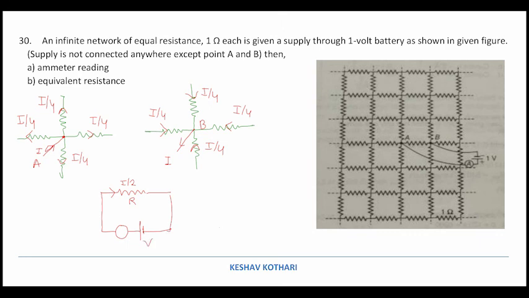For the rest of the current, I am drawing an equivalent resistance whose value is to be determined. It is very simple. Since I by 2 current is flowing in the arm AB, I by 2 must be flowing in the RE network. So from here I can say that RE is equal to R.